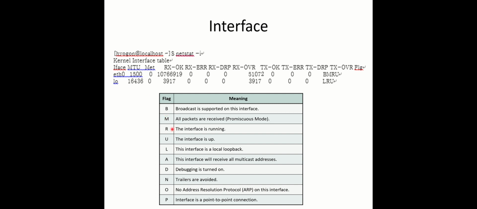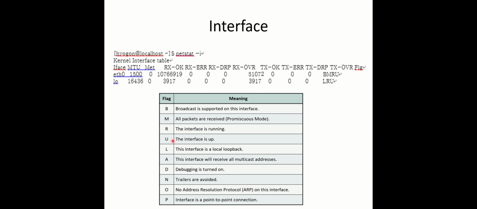There is a difference between U and R here, although usually you will see these two flags appear together. It basically means that the interface is up and running, but U, the interface is up, is different from R in the sense that U means that the operating system has allocated resources for this interface.